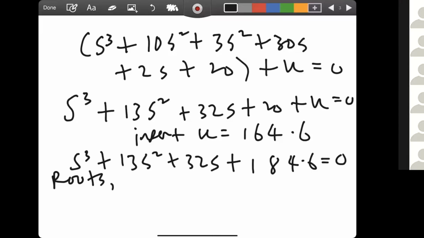Salah ke? Calculator. Baru nak tekan. Baru nak tukar. Tekan. Ada? Apa?